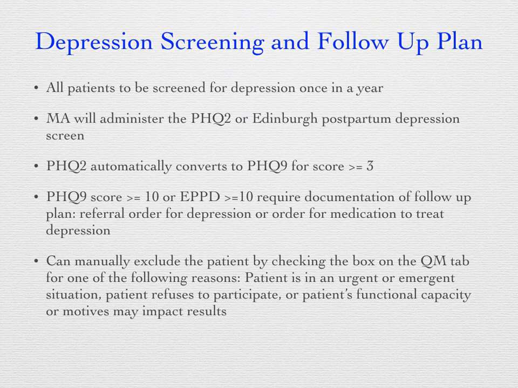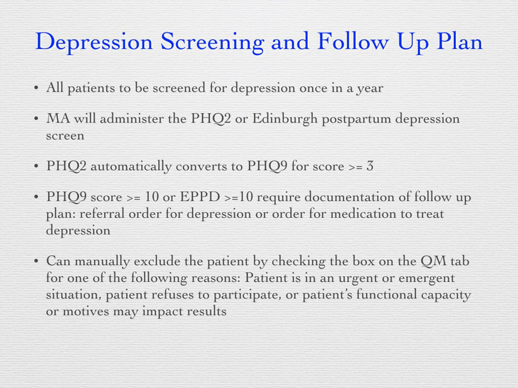All patients, regardless of age, need to be screened for depression at least once in a year. The medical assistant can begin by administering either the PHQ-2 screen to routine patients or the Edinburgh screen to postpartum patients. The PHQ-2 automatically converts to the PHQ-9 for any score greater than or equal to 3. A positive result indicates a score of 10 on either the PHQ-9 or the Edinburgh postpartum depression screen.